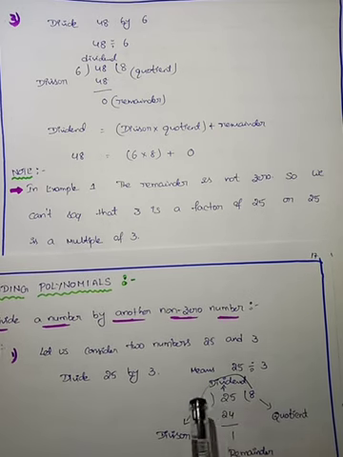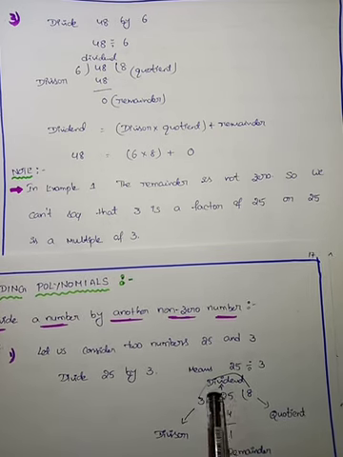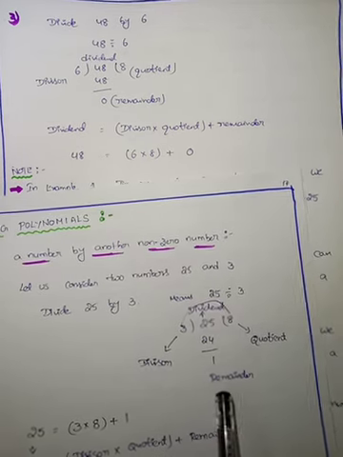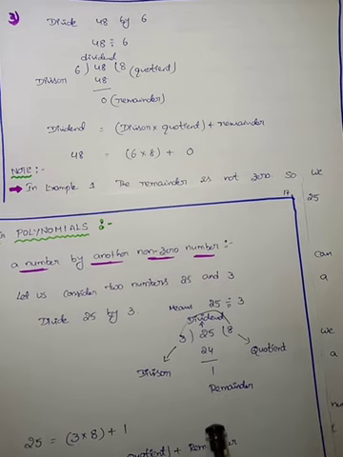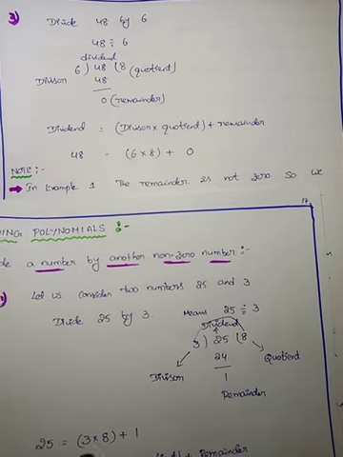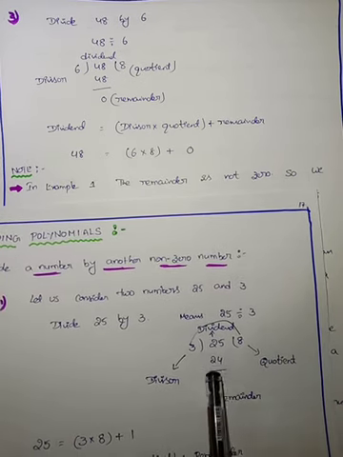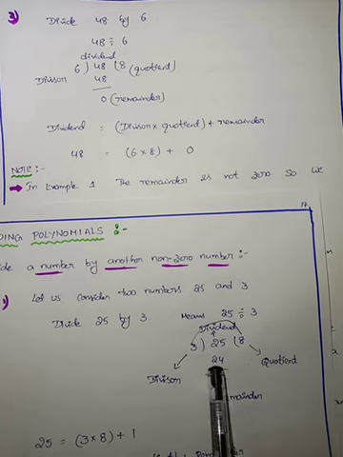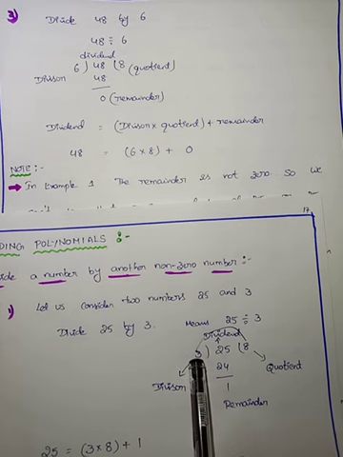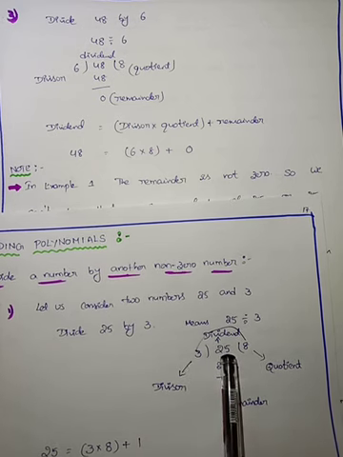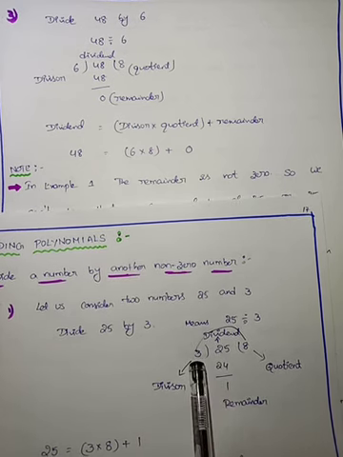If the remainder is 0, then we say that 3 is a factor and 25 is a multiple of 3. But here the remainder is not 0, so we can't say so.